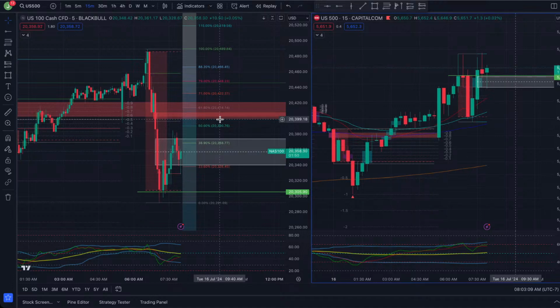Now it's trying to slowly push through that fair value gap again. 1 minute 49 seconds left on 5. US 500 rejecting from that fair value gap, trying to drive higher.